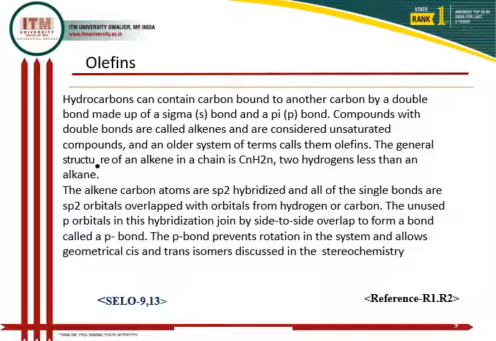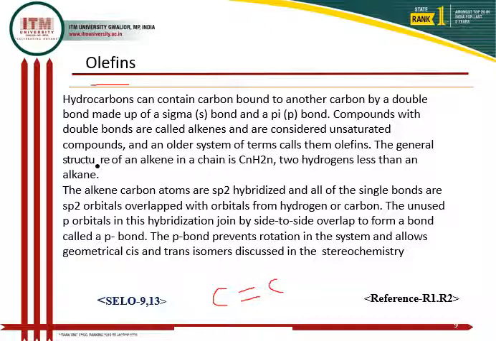So now let's talk about the second important hydrocarbon, that is olefins. These are the unsaturated hydrocarbons, the hydrocarbons having a double bond between two carbon atoms, which are termed as alkenes and olefins. Why are the alkenes called olefins?